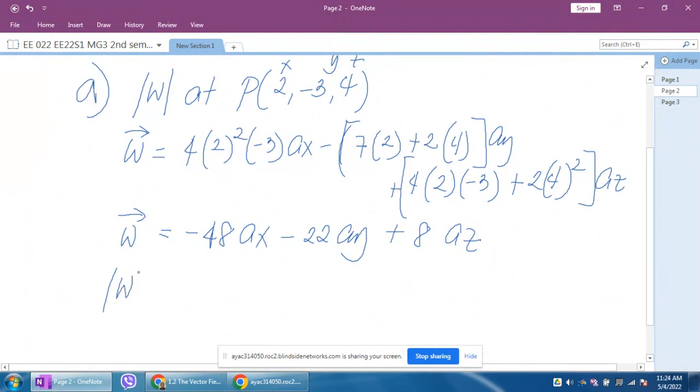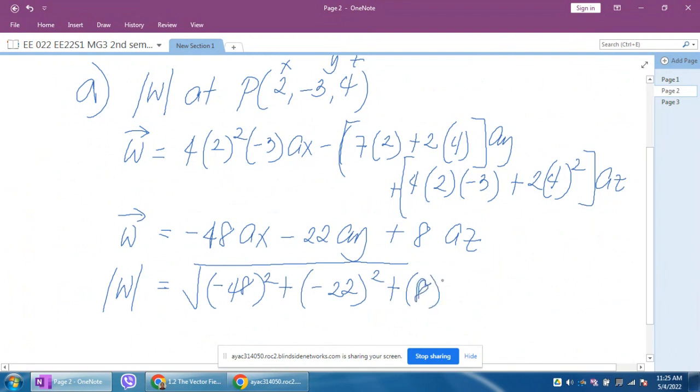So magnitude of W at this given point, so you have square root of negative 48 square plus negative 22 square plus 8 square. So paki-compute po ito. Please compute. How much is the magnitude? Please check if this is correct. 53.4. Okay, paki-check po kung tama yan.